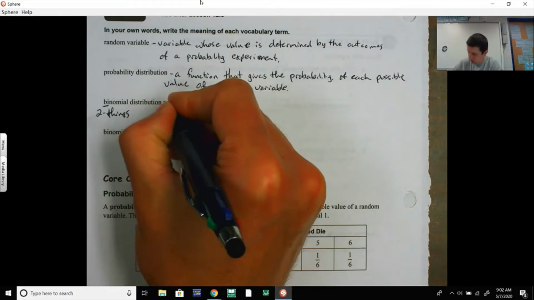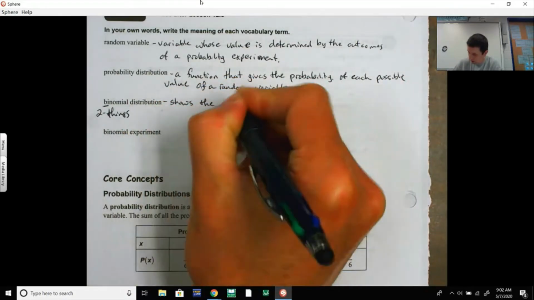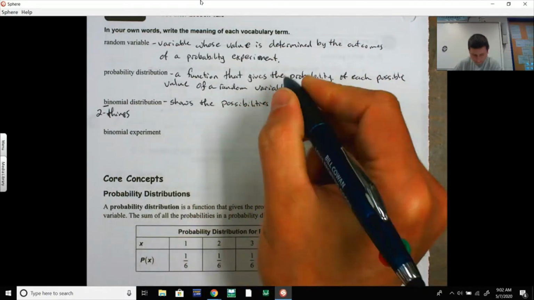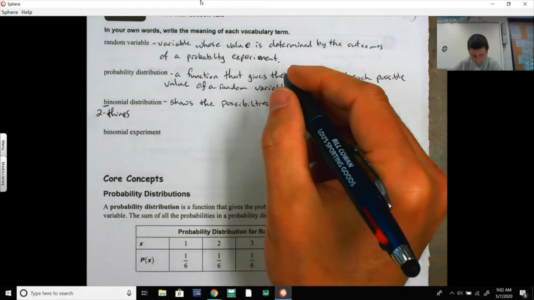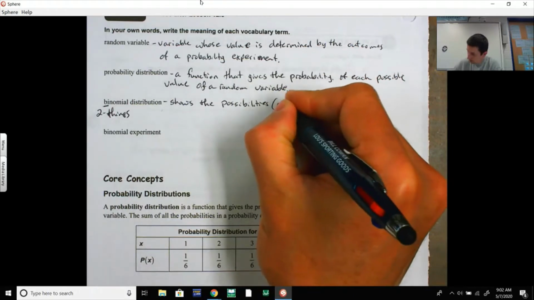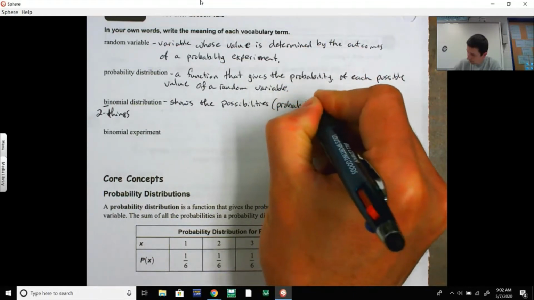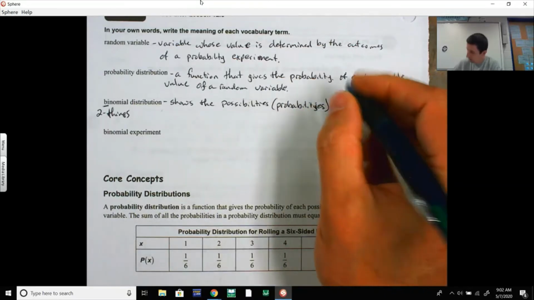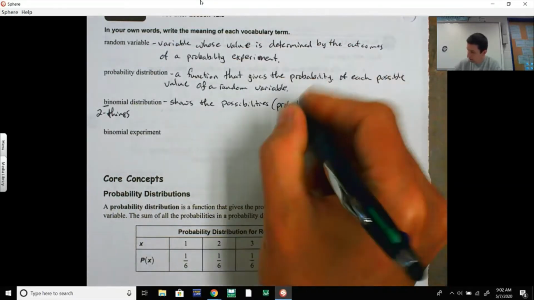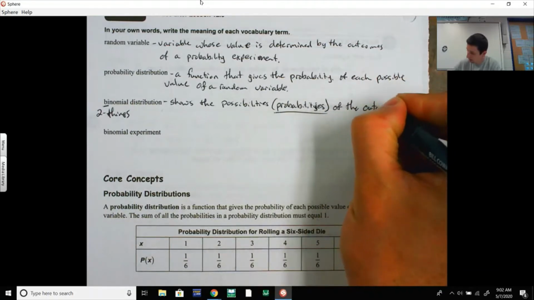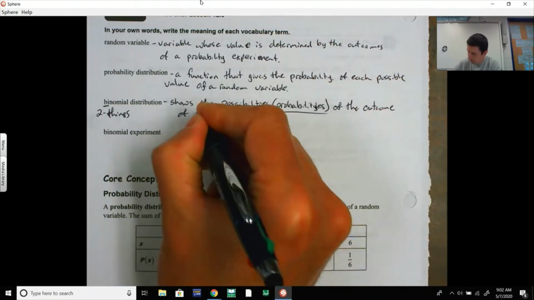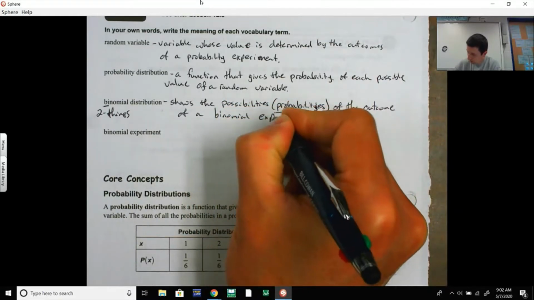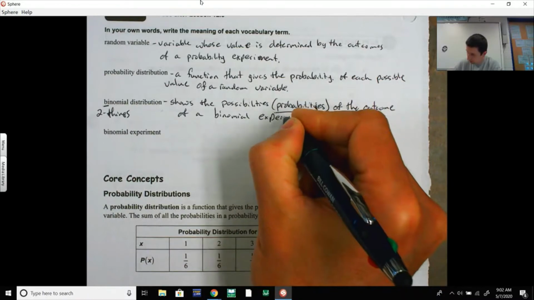So binomial distribution, this just shows the probabilities of the outcome of a binomial experiment, which is our last term here, binomial experiment.